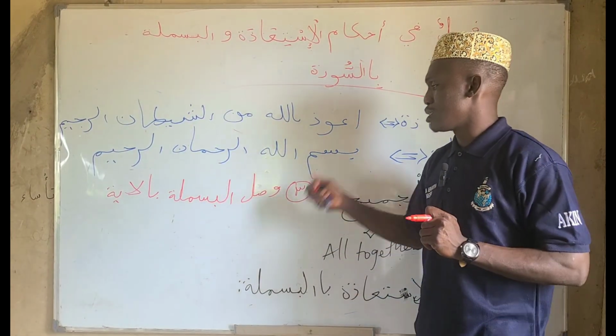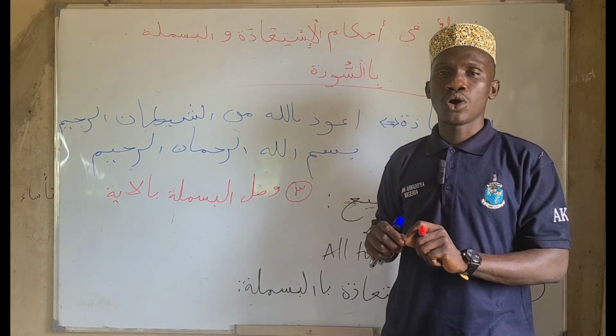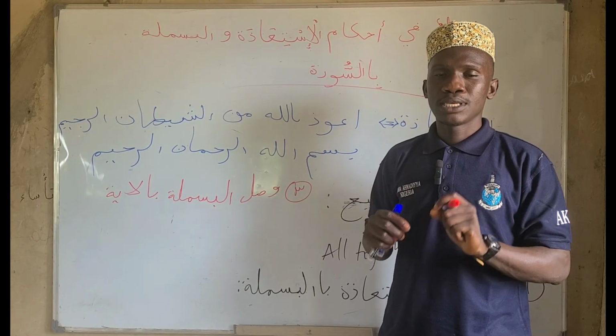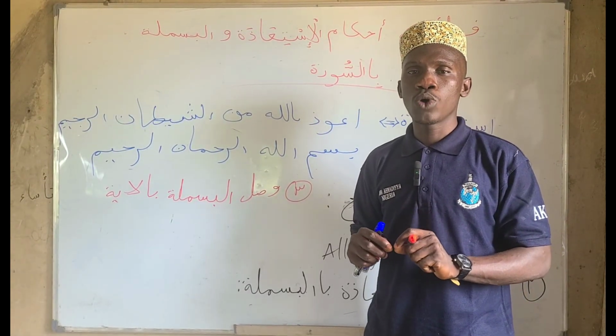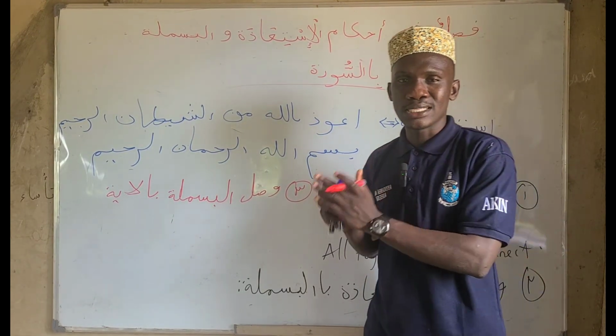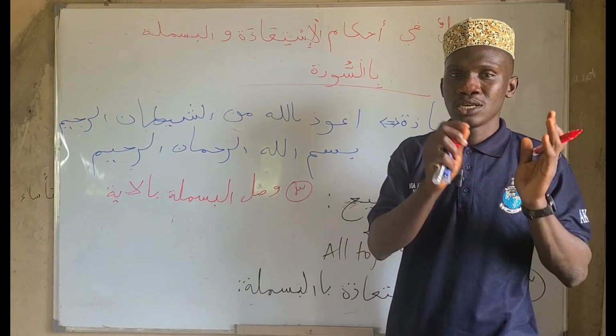The example of this is: أعوذ بالله من الشيطان الرجيم، بسم الله الرحمن الرحيم قل هو الله أحد. So you read the Isti'ādhah separately, and you read Basmalah with the verse together.